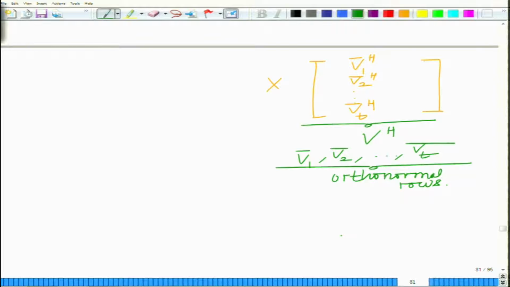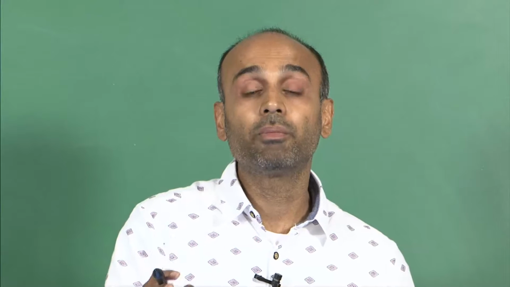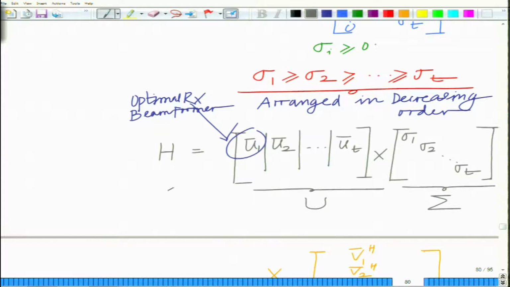Now, in fact, we have seen this earlier. If you remember, U1 bar is the optimal receive beamformer for the MIMO system, which we had mentioned briefly when we talked about MIMO. U1 bar is the principal eigenvector, that is, the eigenvector corresponding to the largest singular value of H Hermitian.